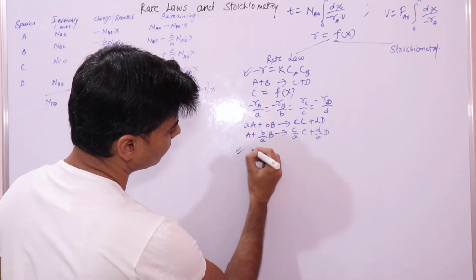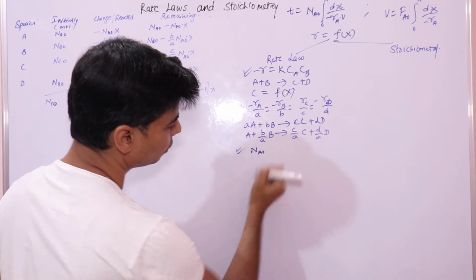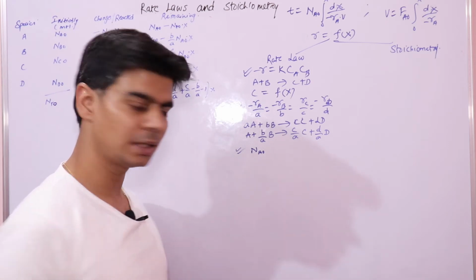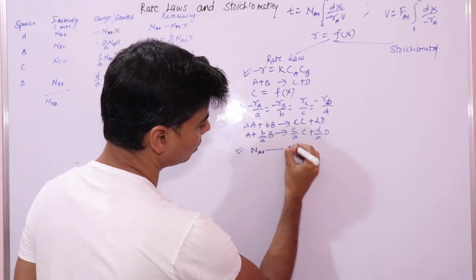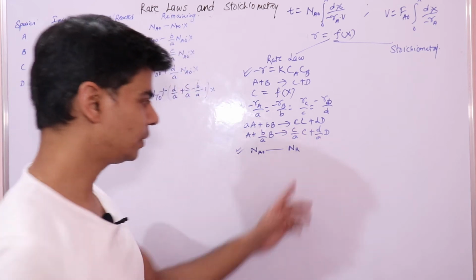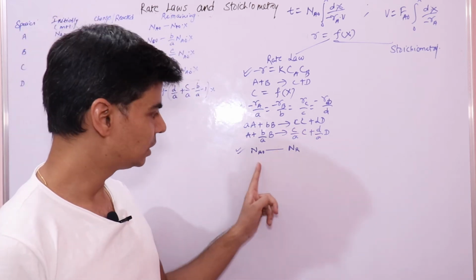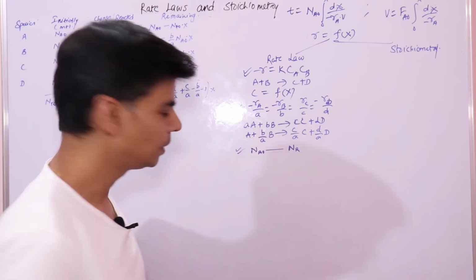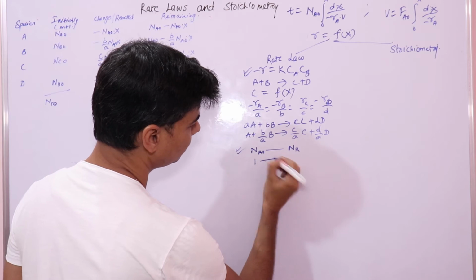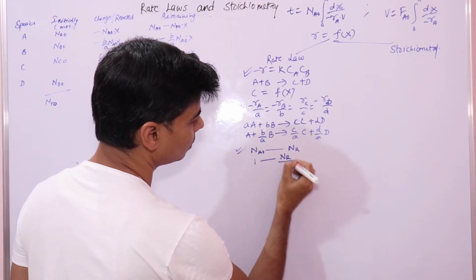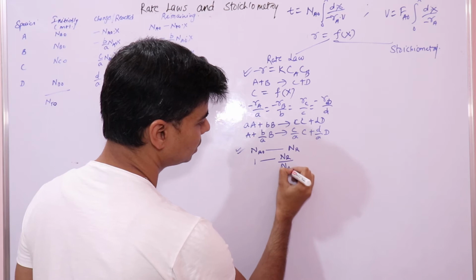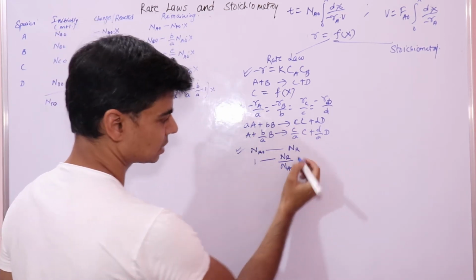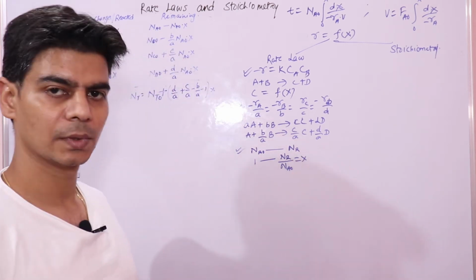Say you have taken N_A0 initial moles, the initial number of moles fed in the reactor, and N_r of it have reacted. So if 1 mole is fed in the reactor, it would be N_r, the number of moles reacted, upon the initially taken. Since we have defined this on a per mole basis, this is your conversion X.